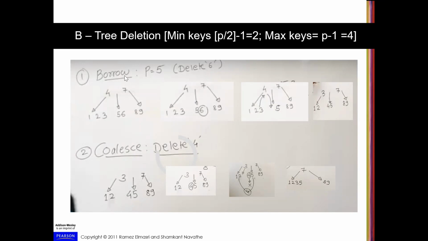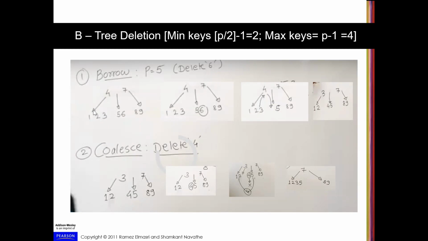Now, if I have the maximum number of keys, 4, I can delete a value without any problem. For example, I have 1, 2, and 3 here. If I want to delete 1, I can just delete it straight away without using borrow or coalesce, because after deleting 1, I still have two values, 2 and 3.